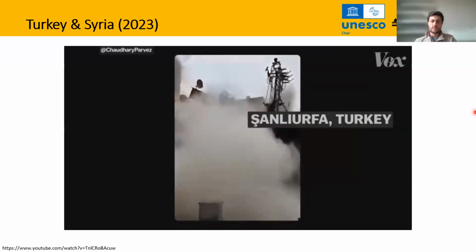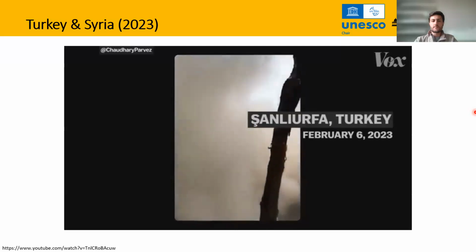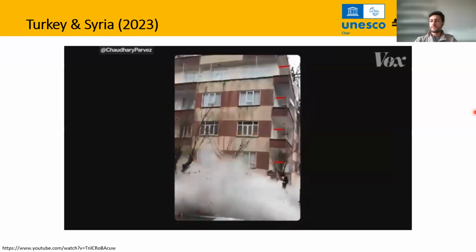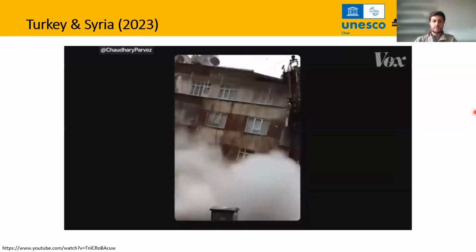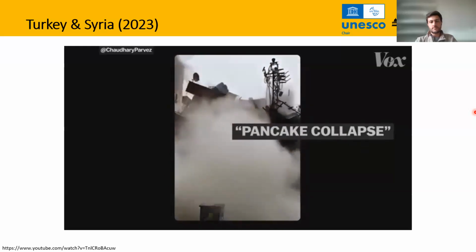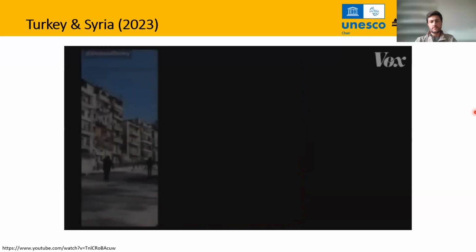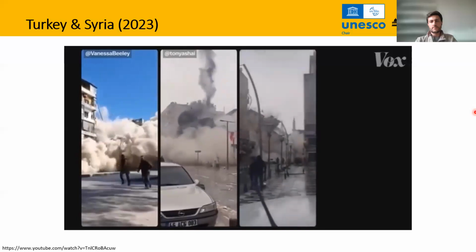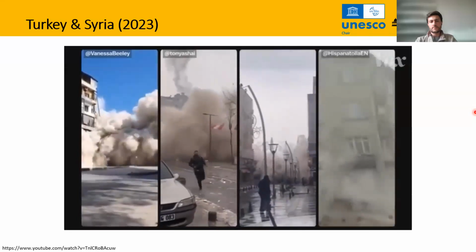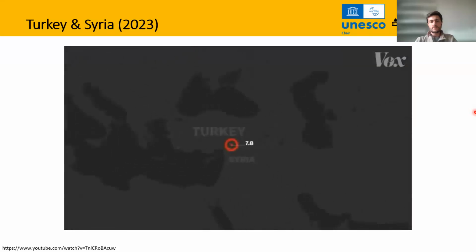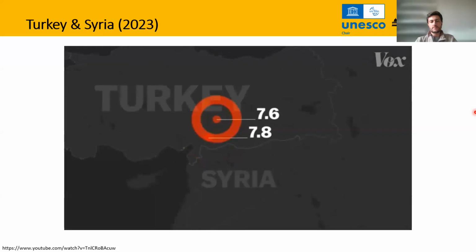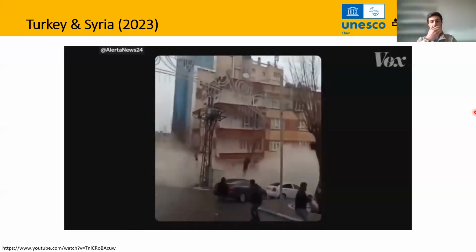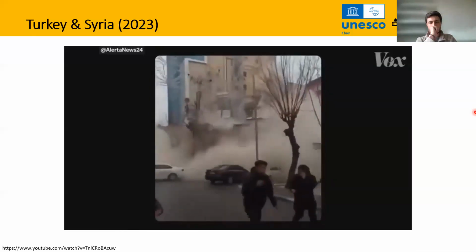Hours after a series of earthquakes and aftershocks on February 6th, first the bottom floor crumbled. Then the rest of the building came down on top of it in what's known as a pancake collapse. Thousands of buildings near the epicenter in southern Turkey and northern Syria tumbled straight down in a similar way. The intensity of the earthquakes alone carried the potential for destruction, but it's the pancake collapses that have made this one of the deadliest disasters in the region.